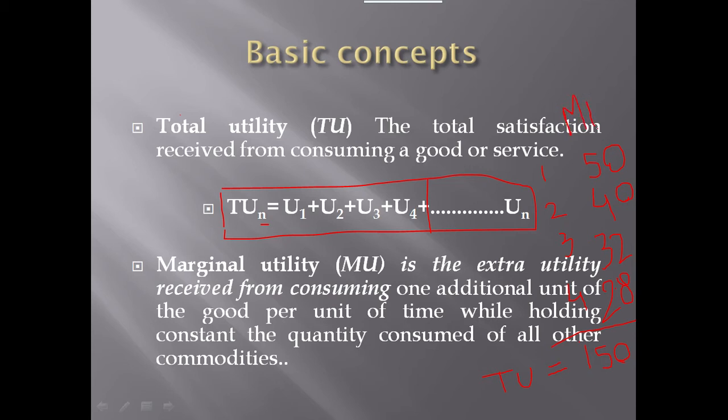It shows the marginal utility of the first unit, second unit, third unit and fourth unit. So we can say that total utility is the sum of the marginal utility that individuals receive from the consumption of goods and services.